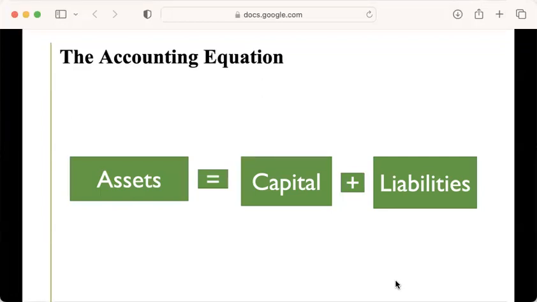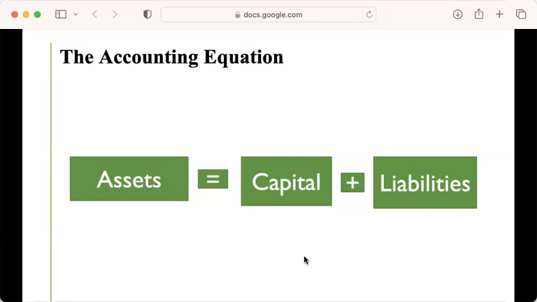So the value of overall assets, let's say a business has a building, materials, equipment, cash in hand, and a bank deposit, all that the business has is worth, let's say, 100,000 pounds. Now, this 100,000 pounds worth of assets would have been given by its owner, maybe all of it was invested by the owner, or maybe about 80,000 worth is given by the owner and 20,000 is given by the outsider.